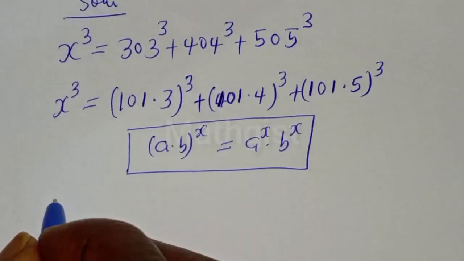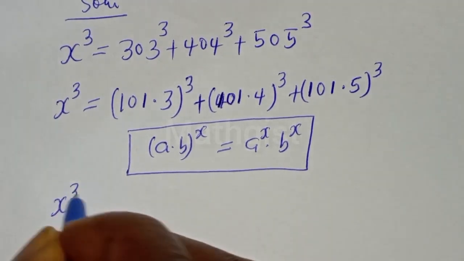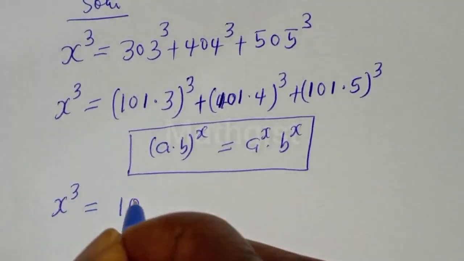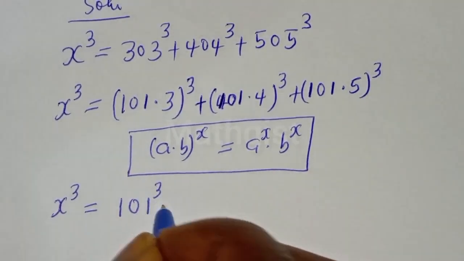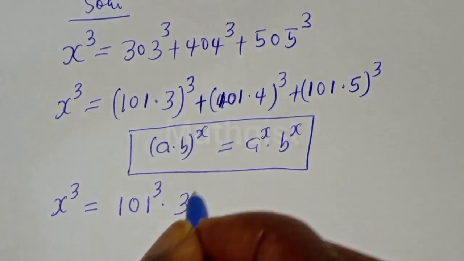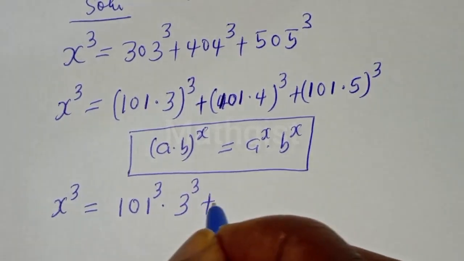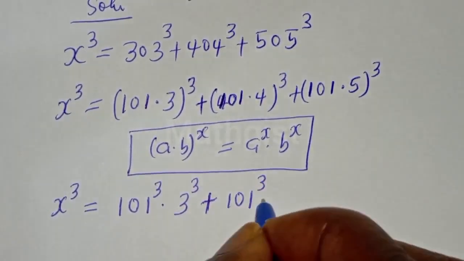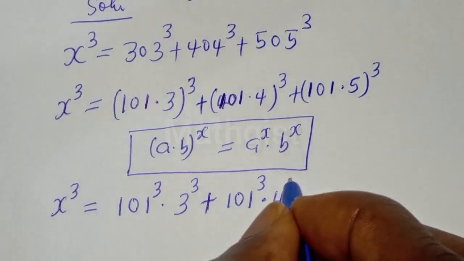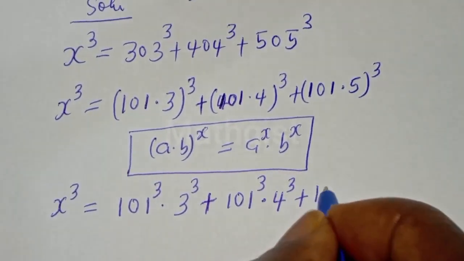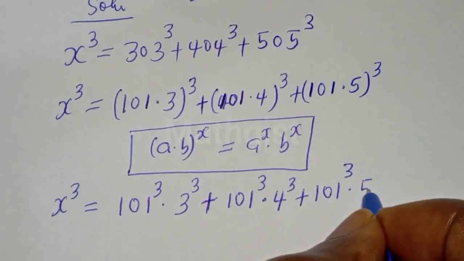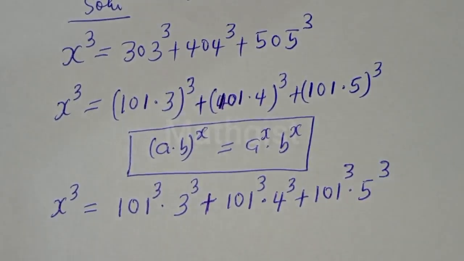This can be written as s raised to power 3 is equal to 101 to the power of 3 multiplied by 3 raised to power 3 plus 101 to the power of 3 multiplied by 4 raised to power 3 plus 101 to the power of 3 multiplied by 5 raised to power 3.